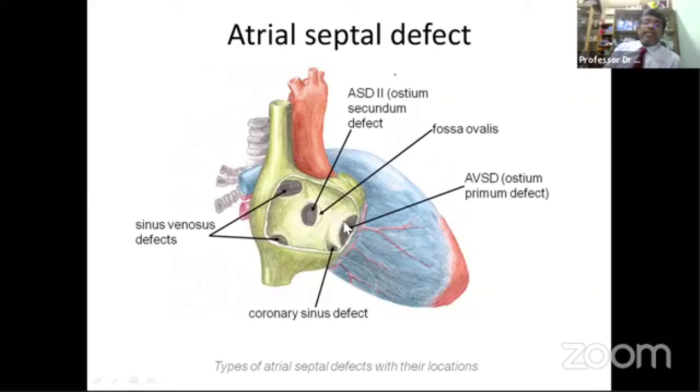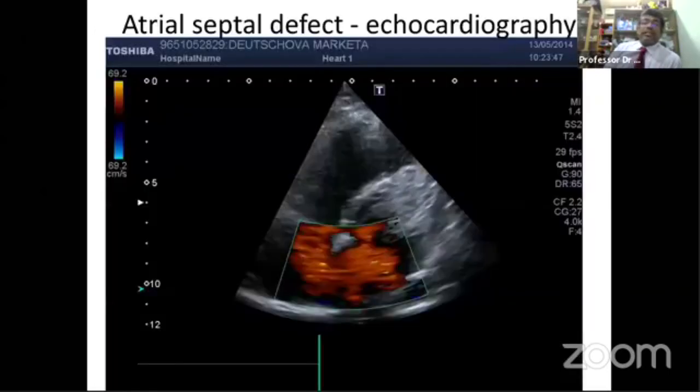And this is near the AV canal, in the lower part of the septum. So this is the septum primum type of atrial septal defect. These are the different types of atrial septal defect, and this classification usually depends on the site of the foramina, the site of the communicating channel of this ASD.